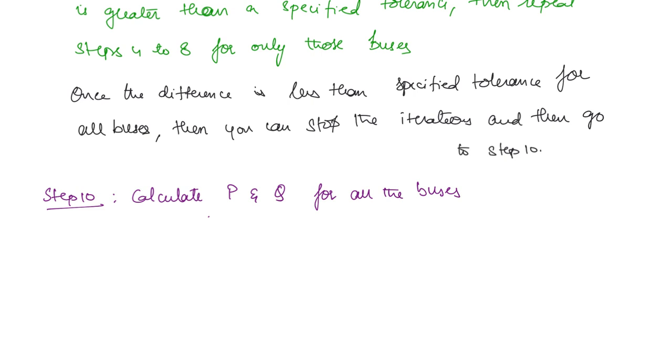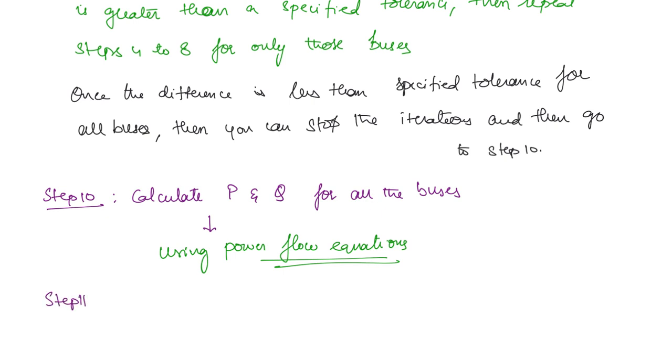This is how you get the load flow solution. How will you find this active and reactive power? Using the power flow equations. Now that you know the voltages at each and every bus, you can use the power flow equations to find P and Q.